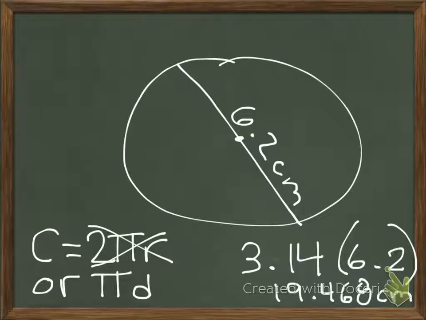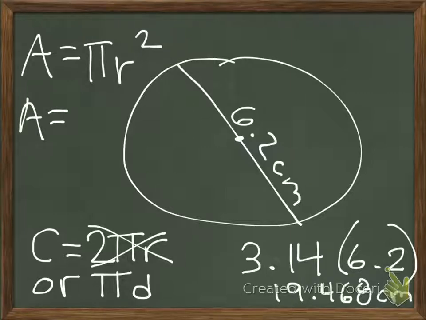Then you do the area, which is pi r squared. Think of the radius as half the diameter. So to find r, we think of half of 6.2, which is 3.1. So we're going to do pi times 3.1 squared. Exponents come before multiplication, so 3.1 times 3.1 gives us 9.61.